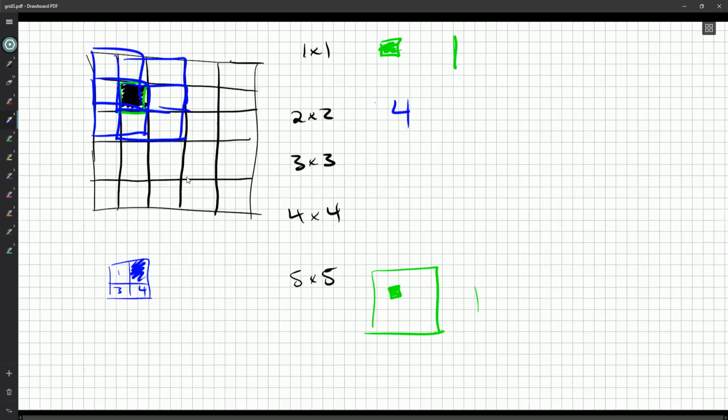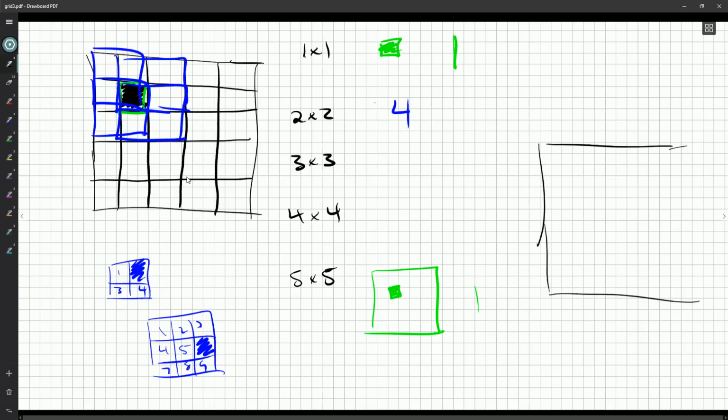And once the shaded square has had its spot inside the squares picked, that sort of fixes where it's going to be. So when we move on to the 3x3s, well, again, we've got 1, 2, 3, 4, 5, 6, 7, 8, 9 spots it can be. Could it be this one? Can we overlay things on our grid properly to get a 3x3 where the right side middle corner is my shaded square?